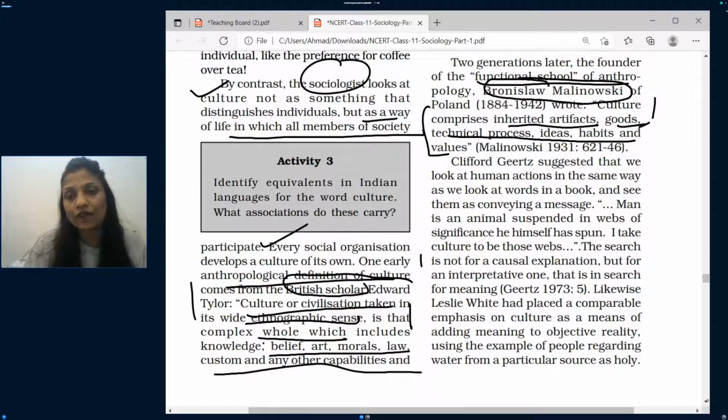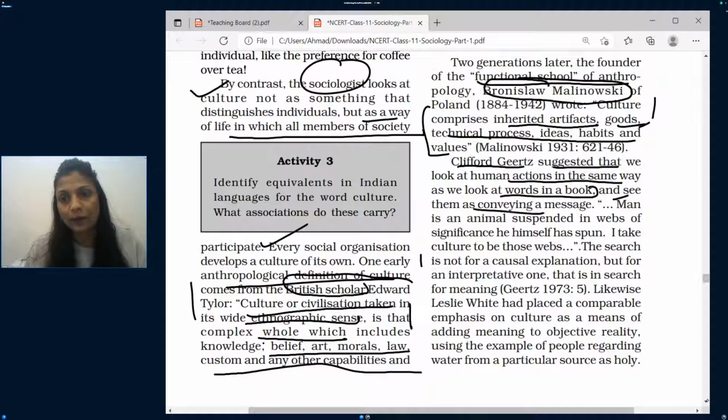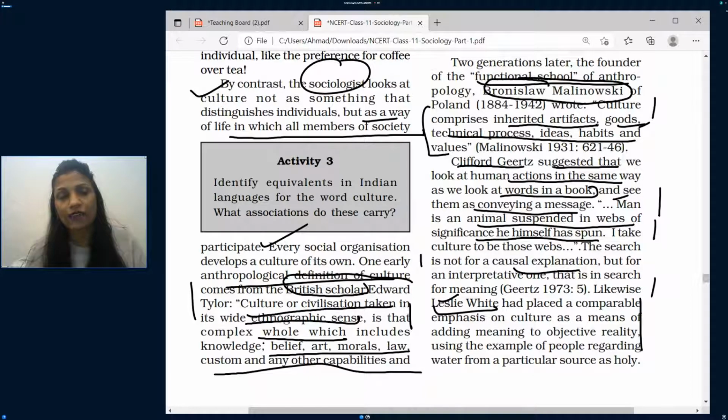Then further we have Clifford Geertz, who suggested that we look at human actions the same way as we look at the words in a book and see them as conveying a message. Man is an animal suspended in webs of significance he himself has spun. So he says that culture is like a web, and there cannot be a causal explanation. Likewise we have Leslie White, and they have all explained culture according to something.